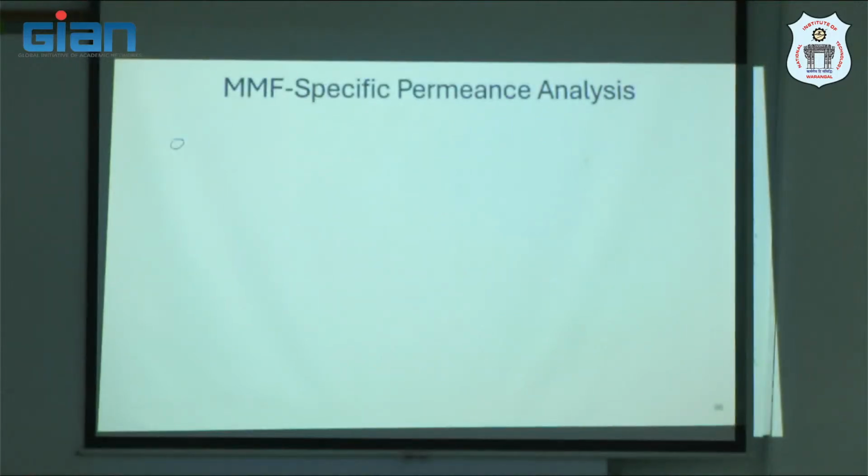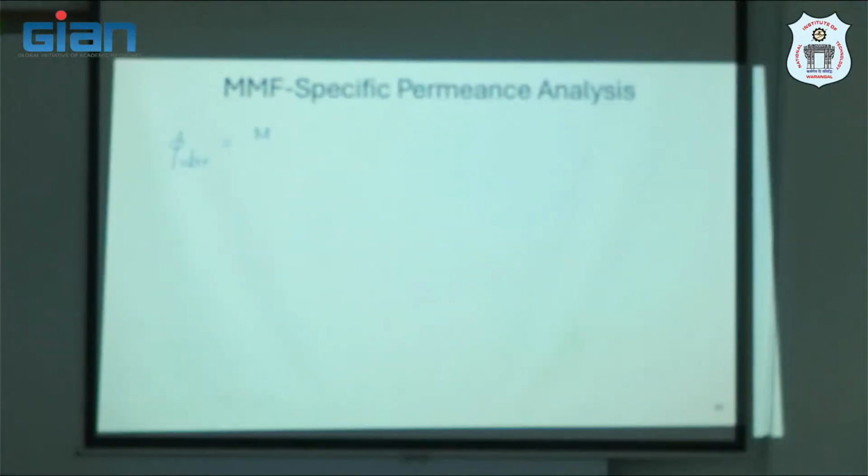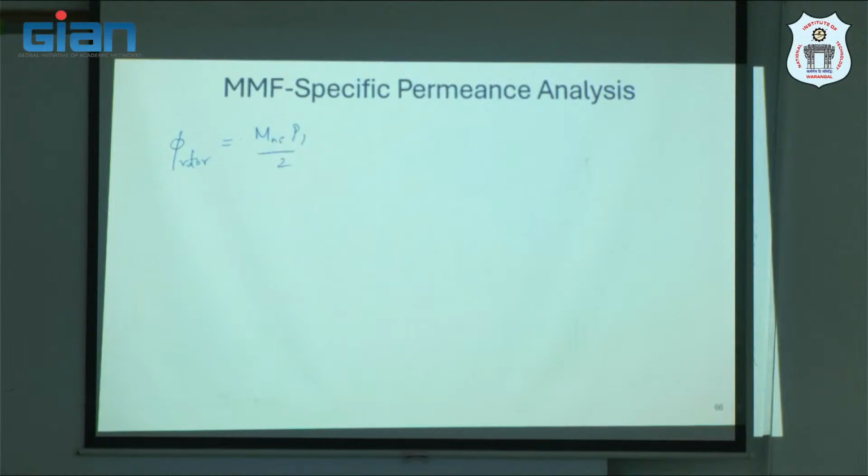The same flux density from the rotor frame of reference would be: 1 by 2 cos NP plus 1 phi dash plus omega t plus or minus omega t, plus 1 by 2 cos NP minus 1 phi dash plus omega t plus or minus omega t.